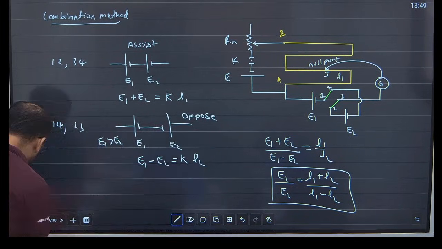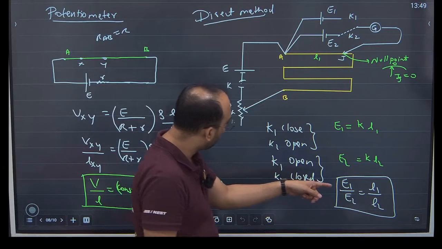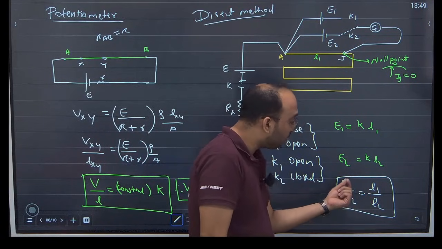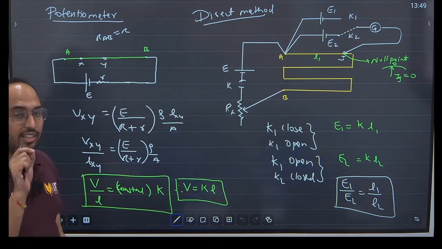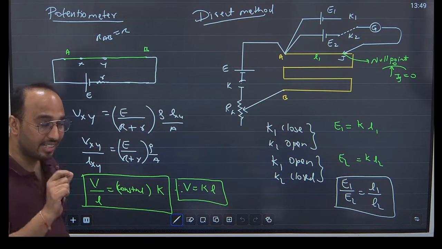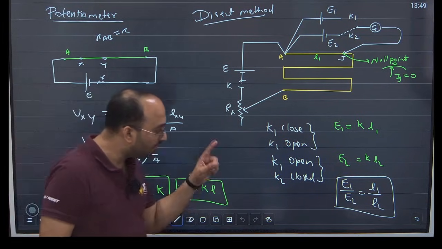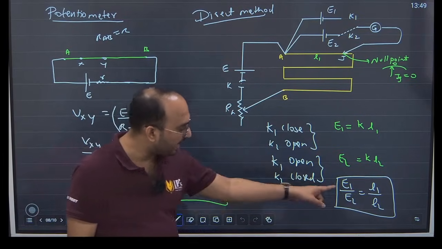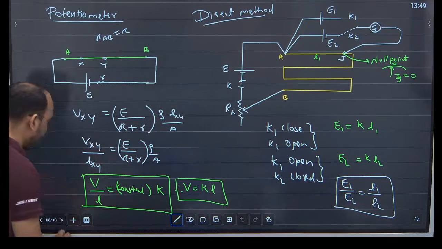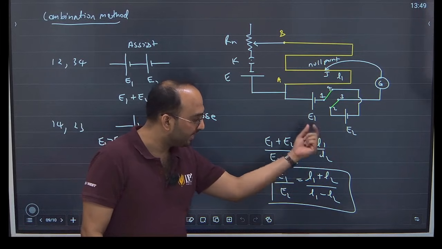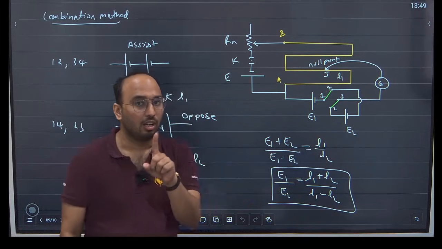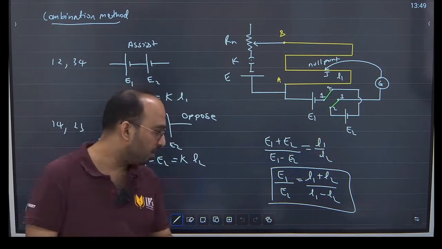Here in the direct method, L1 is the balancing length when only E1 is connected, and L2 when only E2 is connected. Read the question very carefully if you are solving a numerical, whether it's a direct method or combination method. If only one battery is connected at a time, then we can use this formula. If both the batteries are connected together, L1 represents the assisting balancing length and L2 represents the opposing balancing length. This is very important to remember.